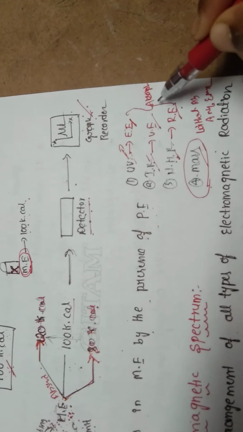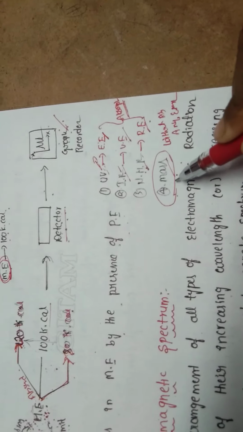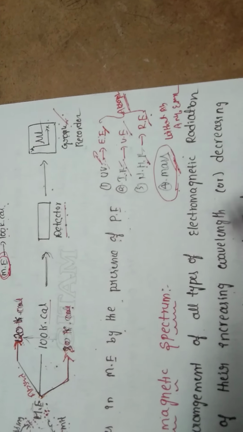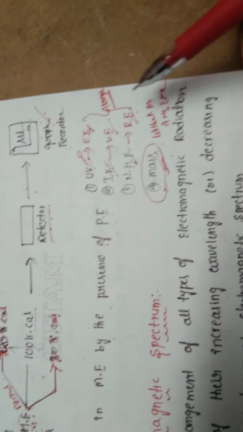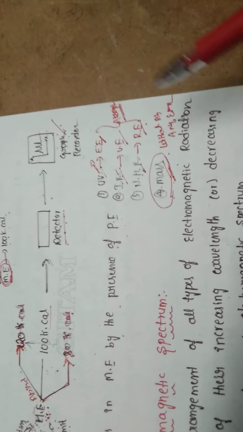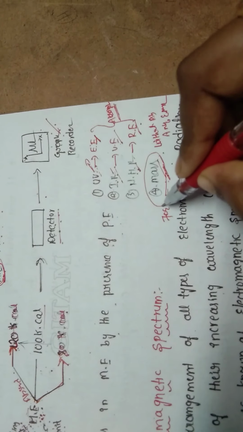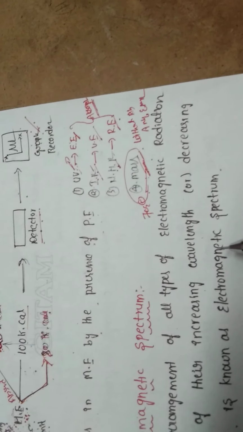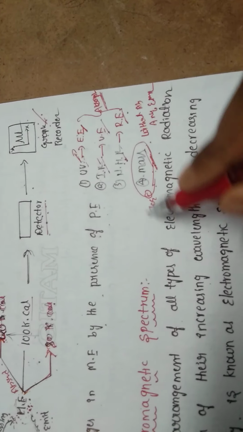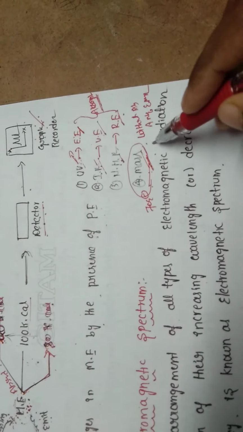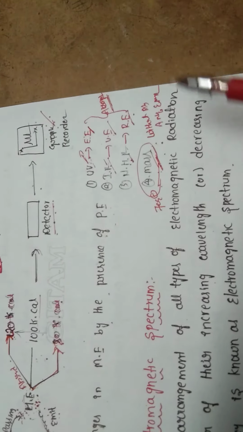These three are the absorption spectroscopies. And what about mass? In mass, there is no passing of electromagnetic radiation. If I bombard it with 70 electron volts, it can lose one electron and give a radical cation. There is no electromagnetic radiation involved. Okay, so this is all about spectroscopy.